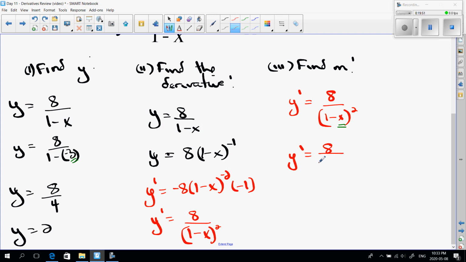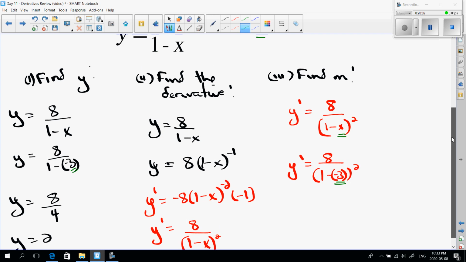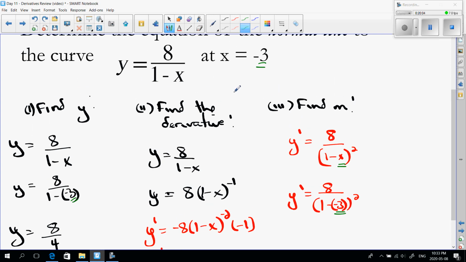So this would become 8 over 1 minus negative 3 squared. Just to make sure everyone's clear with that, where that -3 is coming from, that was given to me.